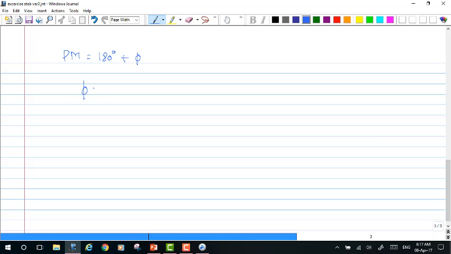The phase value at any frequency can be written as minus tan inverse of omega divided by omega p1, which is equal to 250 mega radians per second. And the second pole can be written as minus tan inverse of omega divided by omega p2, where the omega p2 value is 7.3 giga radians per second.